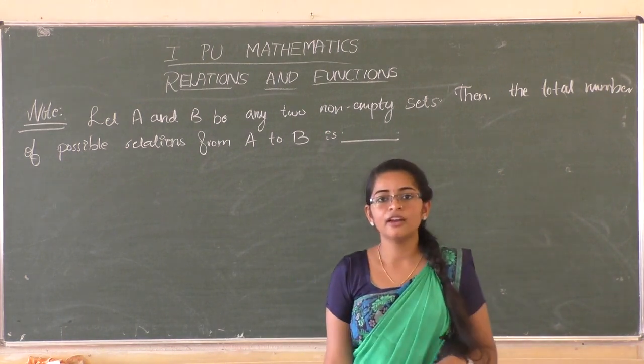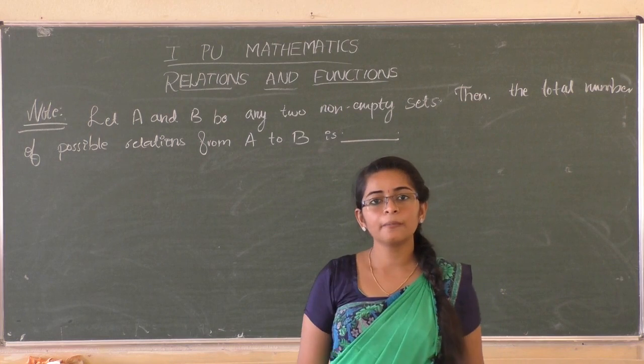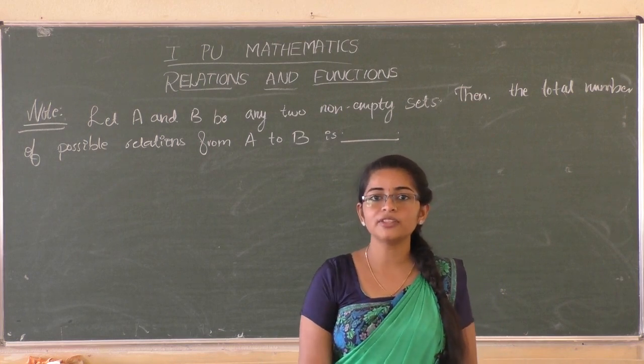Can you tell me? What is the total number of possible relations from a set A to a set B? How can you write the possible numbers here?